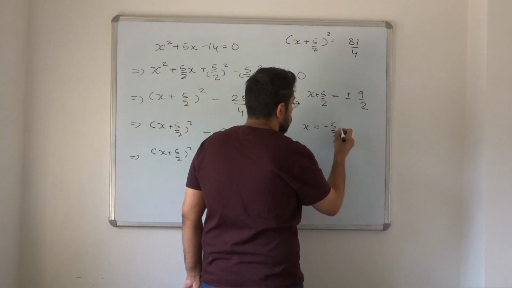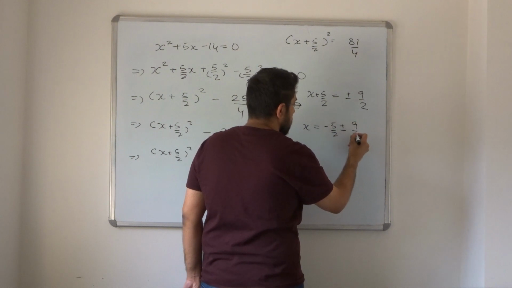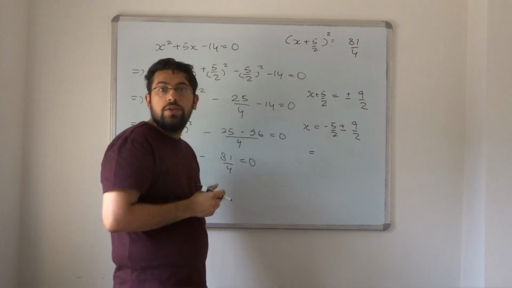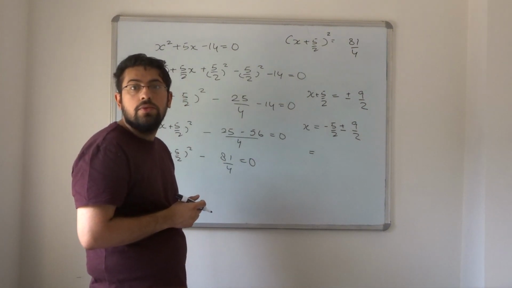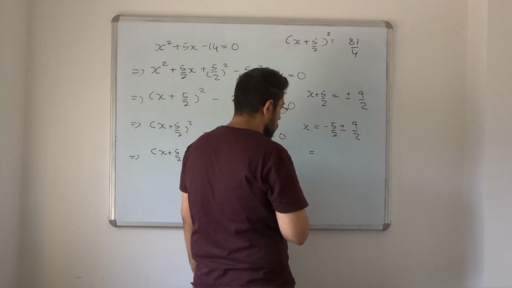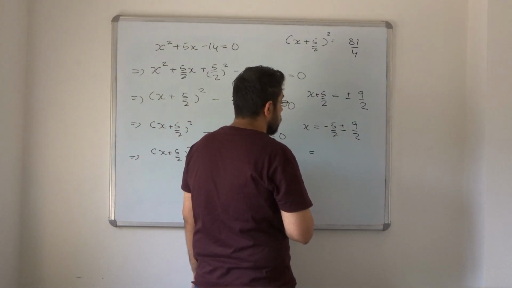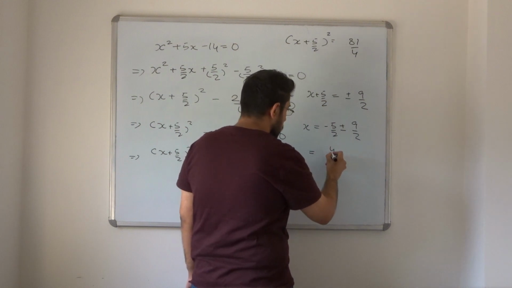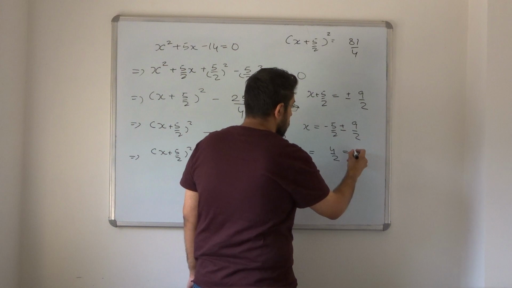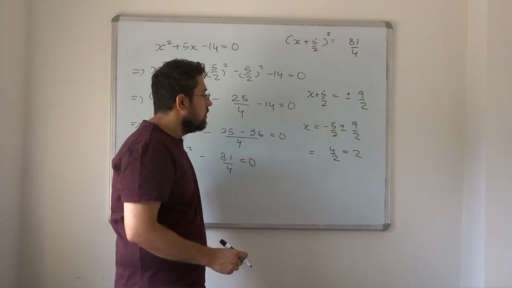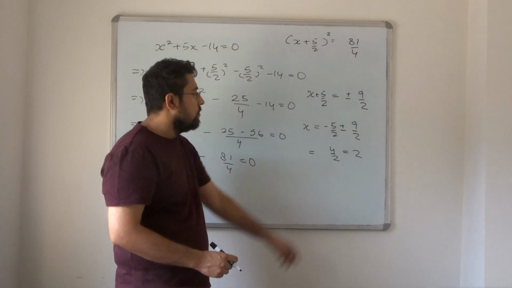Negative 5 upon 2 plus minus 9 by 2. Okay? So now when you have plus minus 9 by 2, what exactly will you do now? So now obviously you have 4 divided by 2, because you have negative 5 plus 9, which gives you 4, and then 4 divided by 2 is 2.